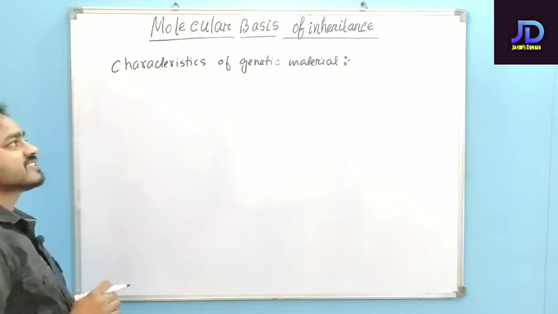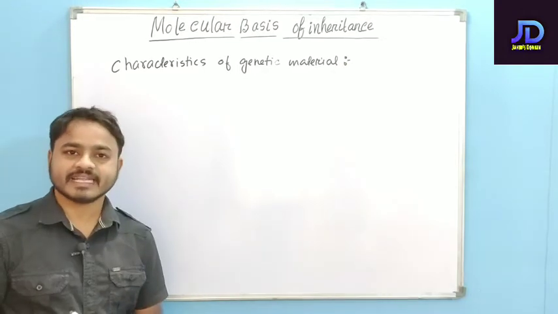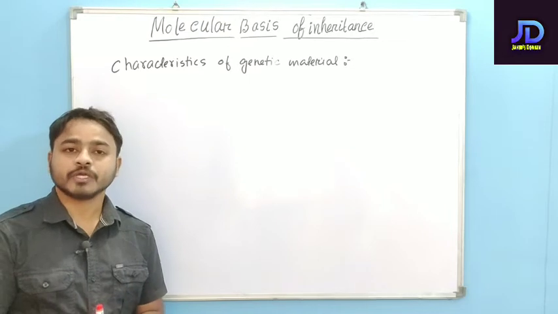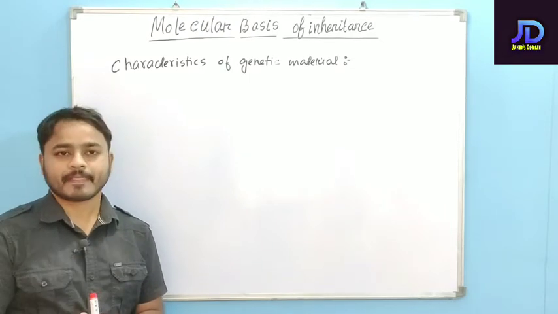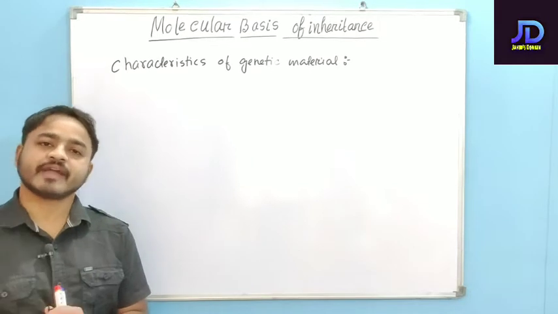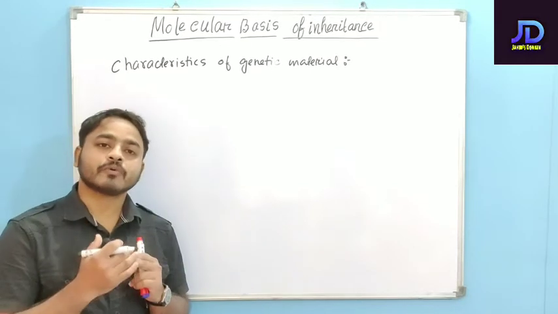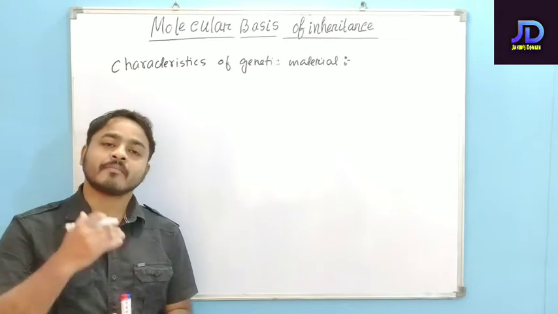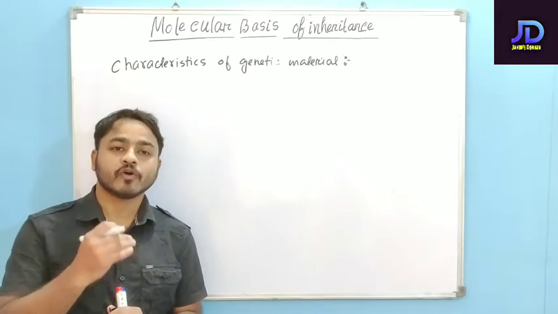The first characteristic of genetic material is that the genetic material must be able to replicate itself. You know, the cell is dividing, and in order to cope up with that, the genetic material must be able to form a copy of that.